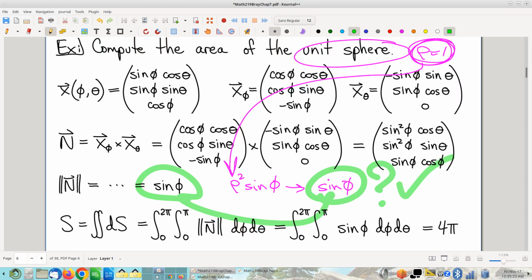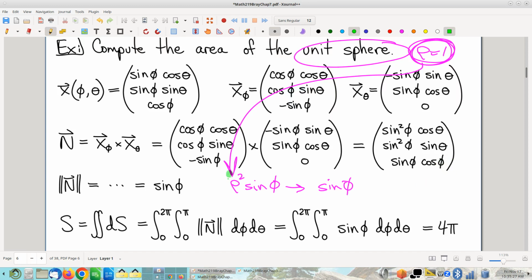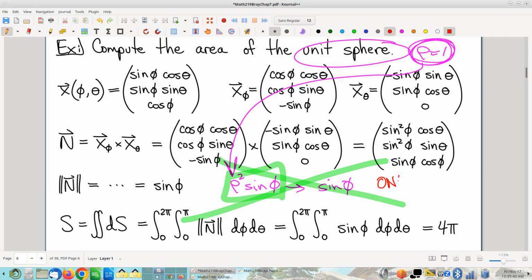But the thing is, this does not always work. You cannot take this formula and then just kind of plug in the formula for rho. That is not valid as an argument. And in fact, you will only even get the right answer if rho is constant.